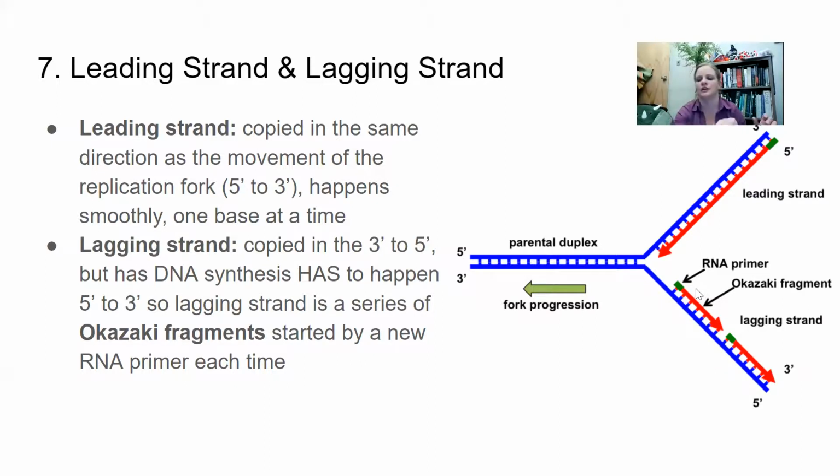So it's this jerky process, and it creates these fragments that were discovered by 2 Japanese scientists. Luckily, they were married, so they have the same last name, Okazaki, and we can call them Okazaki fragments.